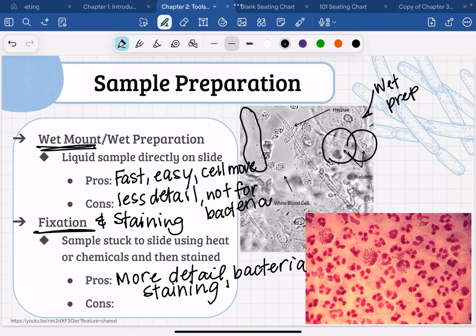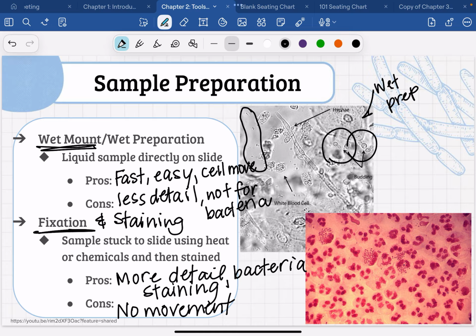The cons of this, the first one is that there will be no movement, because when you fry something over an open flame or dunk it in chemicals, it's going to die. The cells in there are going to be dead now, so they are not going to move. So if you are looking for trichomoniasis, this is not a good way to find it because it's going to be dead. You're not going to be able to see it.